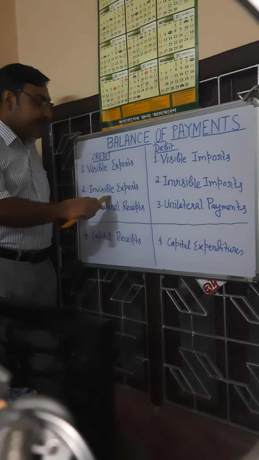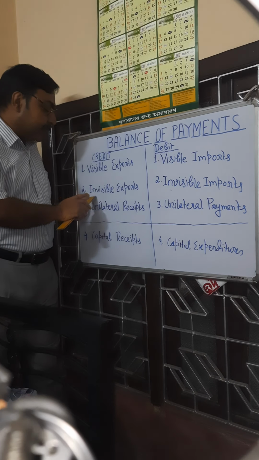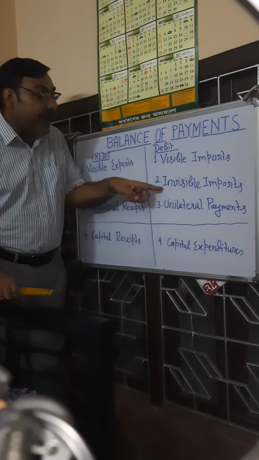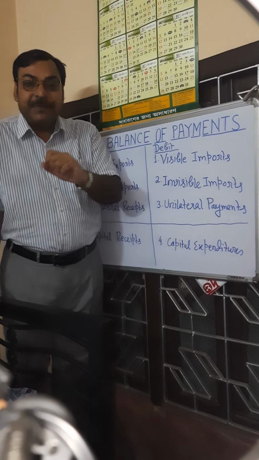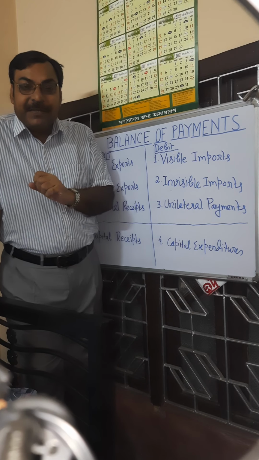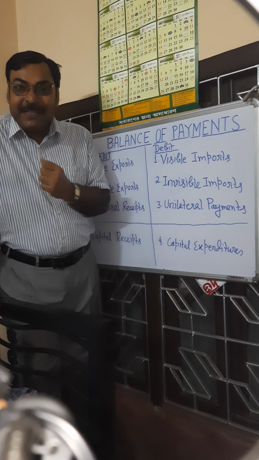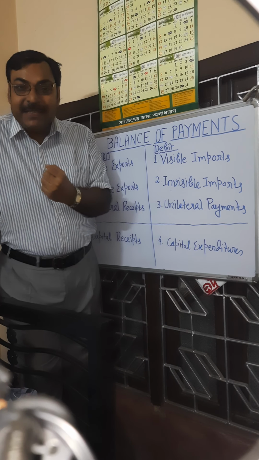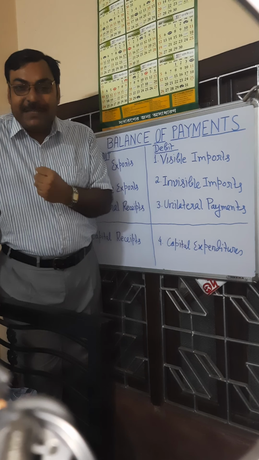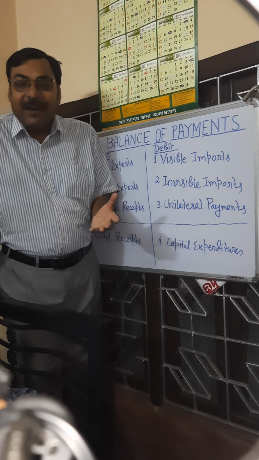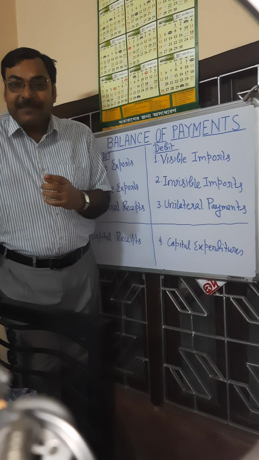Next, we are considering invisible items. Item number 2 also includes invisible exports and invisible imports. Invisible means these are not material goods. We cannot see them. We just realize, we just feel the utility and we pay for it. Different types of services are invisible in nature.